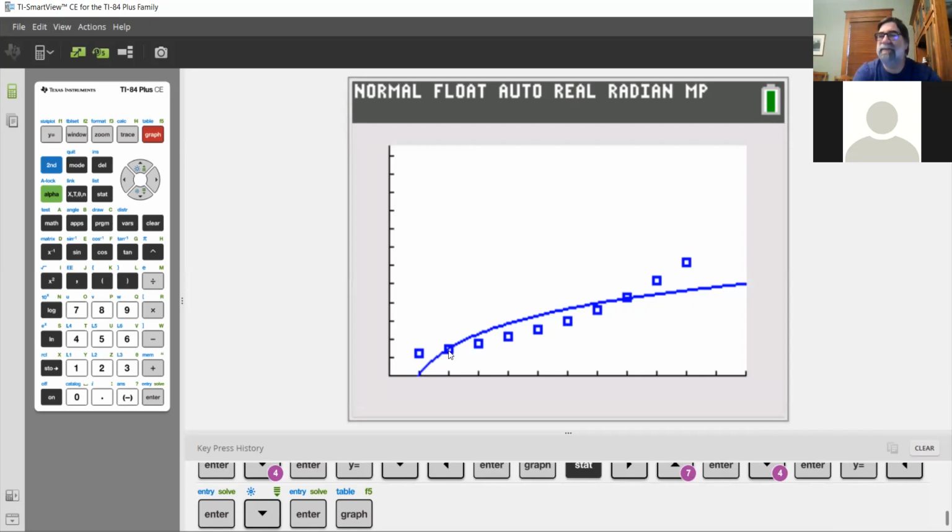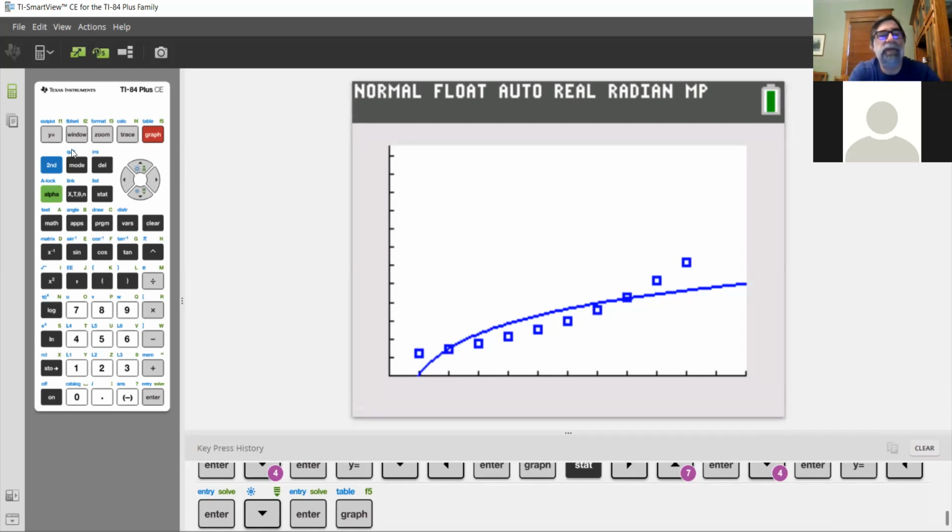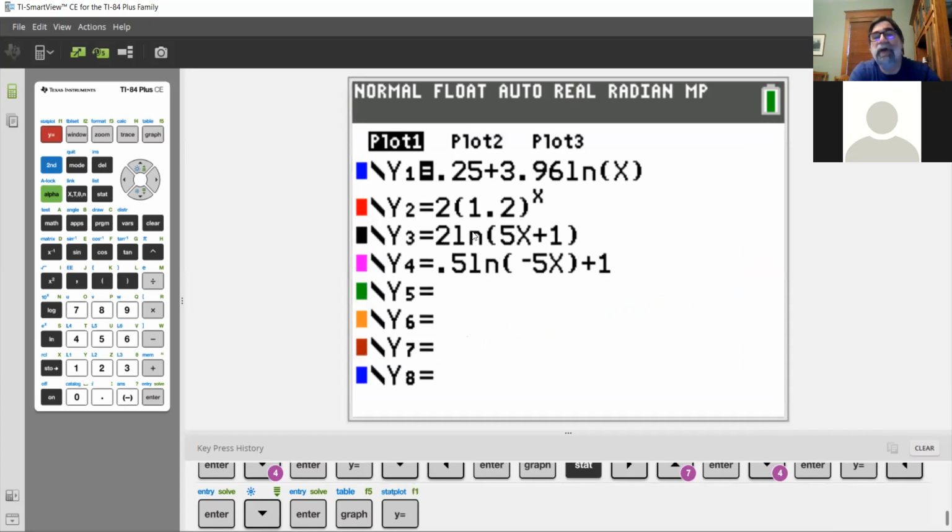So you're probably guessing exponential function is a better model for that one. I would agree. So this would be what you just find, write down 2 for A, 1.2 for B. You can come up with the model for this, but you would probably say, here's what the model equation looks like. Here's what the graph looks like with respect to the scatter plot. Doesn't look like it's a good fit.